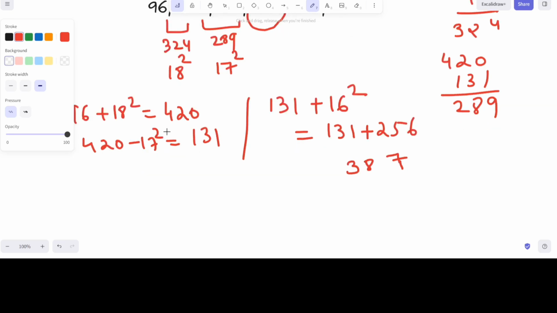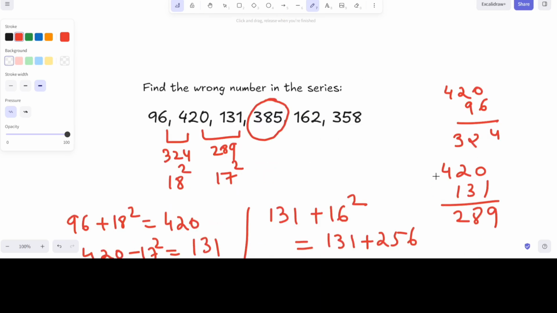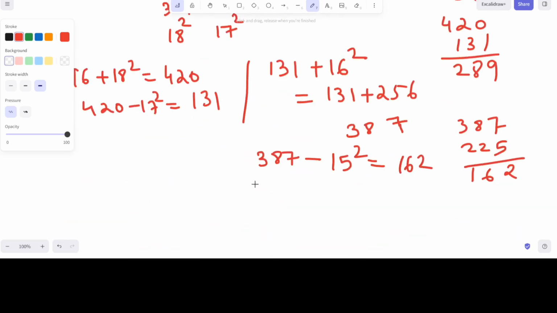Now, if we follow the similar way, next term should be 387 minus 15 square. That is 387 minus 225. That is equal to 162, right? Now, in the similar way, next term should be 162 plus 14 square.